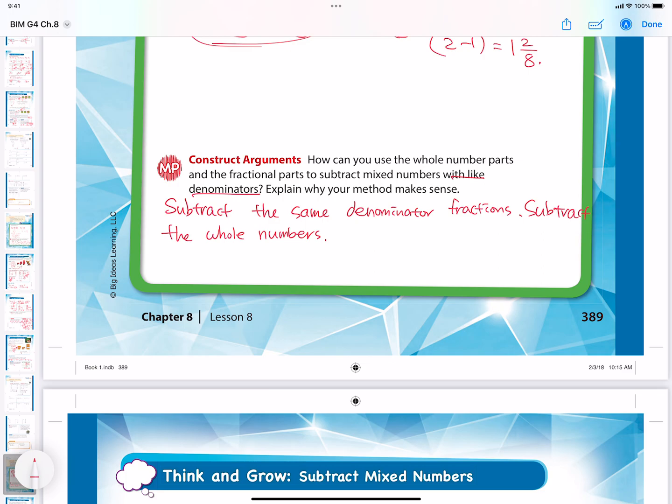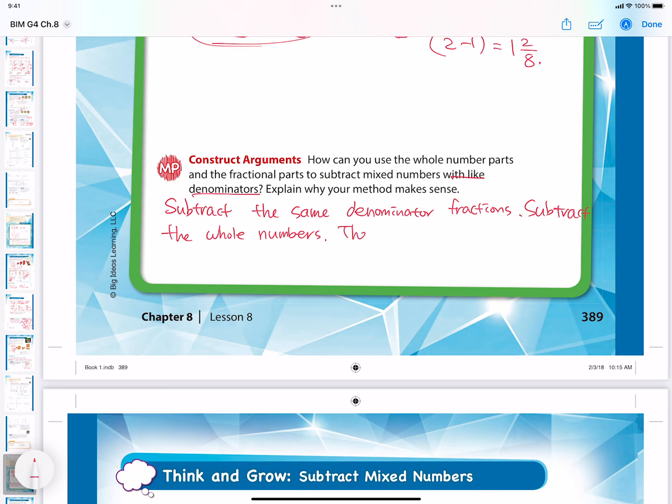So when you subtract the fractional parts, and then you can subtract the whole numbers, okay? Because when you need to regroup, you have to borrow the fraction from the whole number. That's why we are going to do the fractional parts first. All right, and then you can write down the mixed number only.